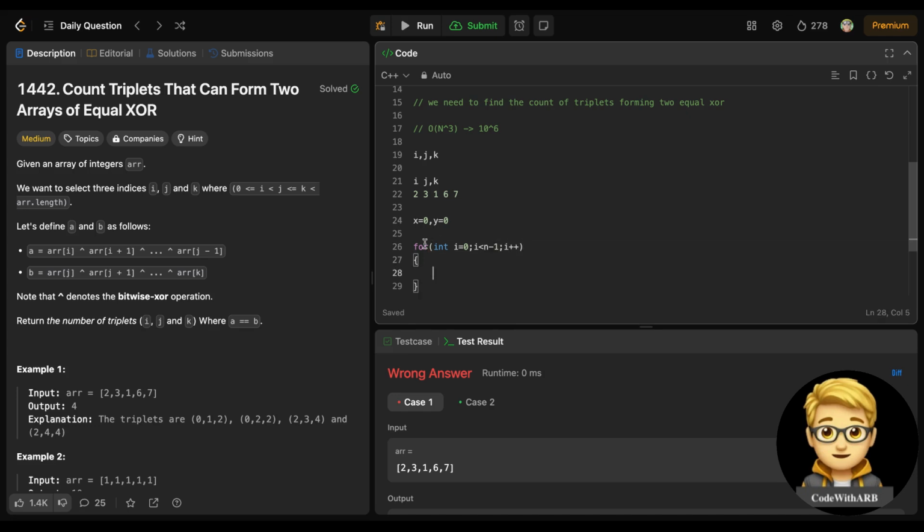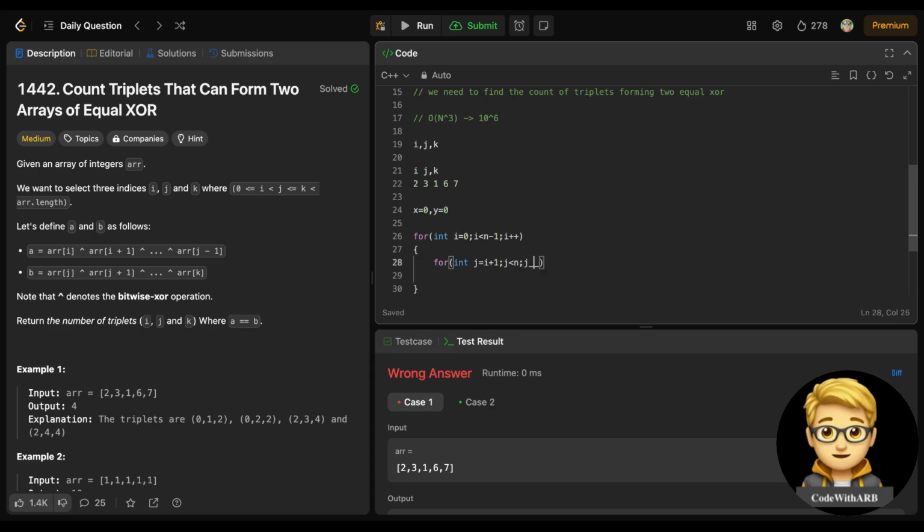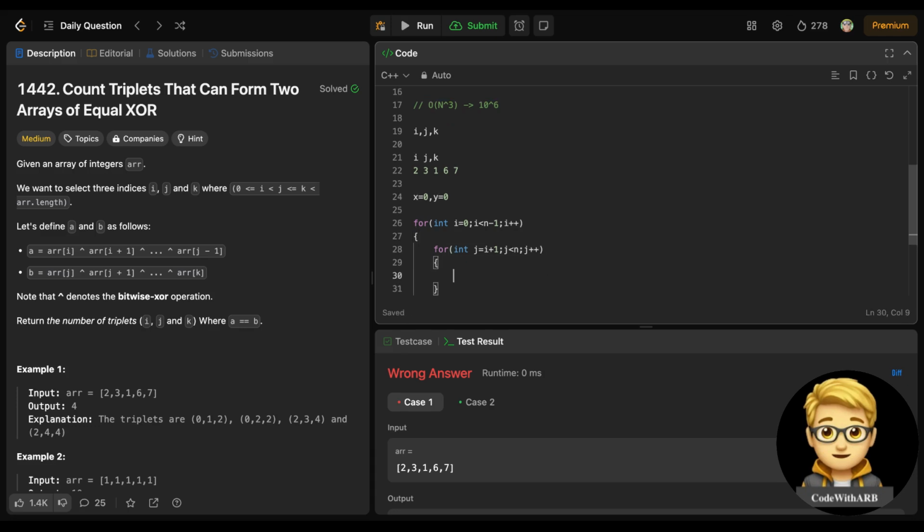Why? Because we need to find three indices, and j and k can be equal. So i can only go from 0 to n minus 1, because at least one element should be left, and j should start from i plus 1 till the last value, right? And k can start from the jth value, because j and k can be equal, right?